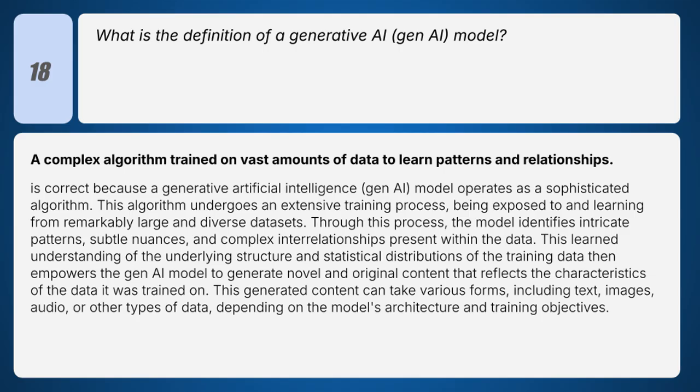A complex algorithm trained on vast amounts of data to learn patterns and relationships is correct because a generative artificial intelligence, Gen AI, model operates as a sophisticated algorithm. This algorithm undergoes an extensive training process, being exposed to and learning from remarkably large and diverse datasets. Through this process, the model identifies intricate patterns, subtle nuances, and complex interrelationships present within the data.